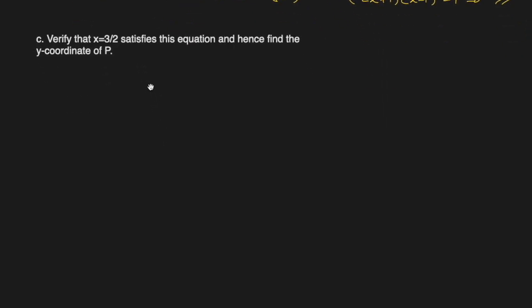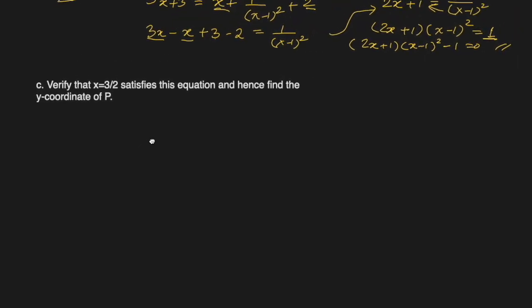Okay. Now, verify that x equals 3 over 2 satisfies this equation, and hence find the y coordinate. So we'll just substitute x equals 3 over 2 here in this one. So 2 times 3 over 2 plus 1, times 3 over 2 minus 1 squared, minus 1 equals, okay, rather we'll just do the LHS, left hand side, it has to be equal to 0.